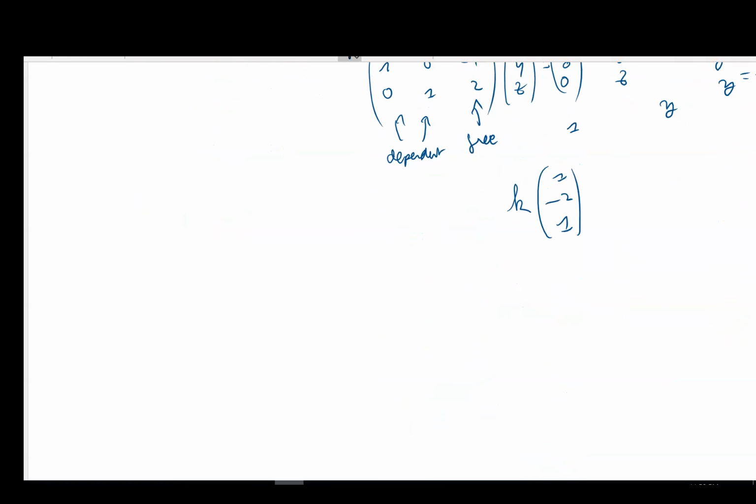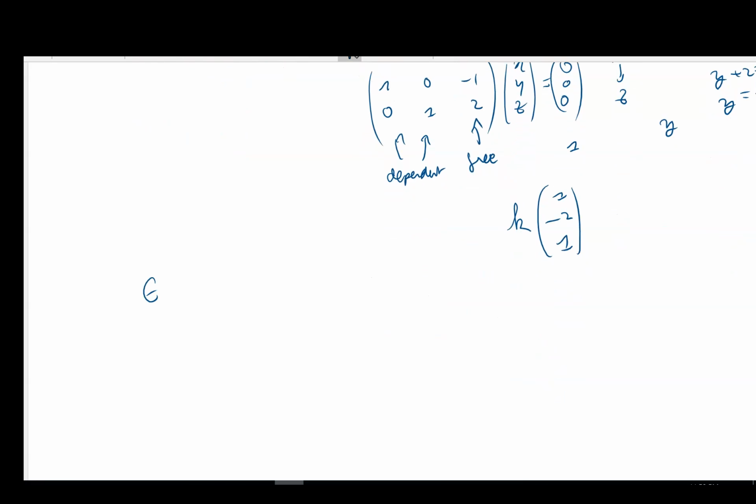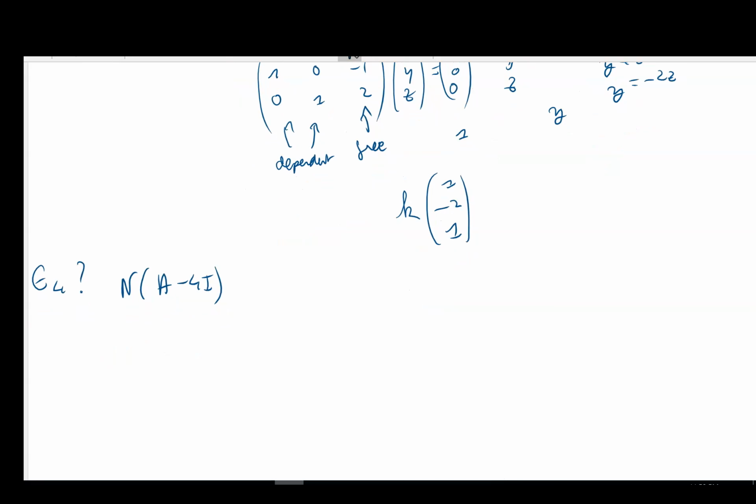Now, the eigenvector associated to eigenvalue 4. I must compute the null space of A minus 4 times I. If I write this matrix, I had 3 minus 4, so negative 1, 0, negative 1.